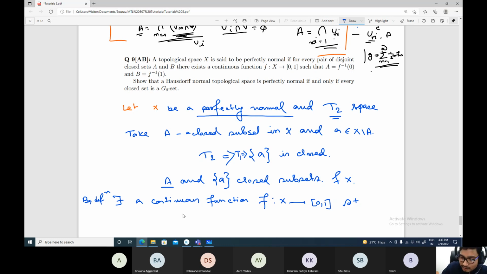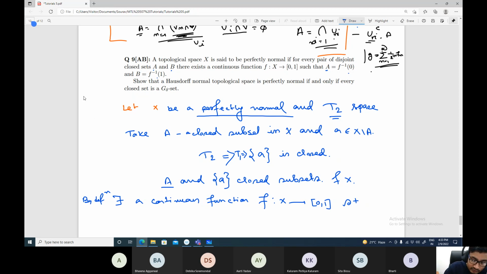Please understand the definition of perfectly normal. Perfectly normal means if you take two disjoint closed sets A and B, then you can find a continuous function f such that A is precisely the inverse image of the singleton 0 and B is the inverse image of the singleton 1.